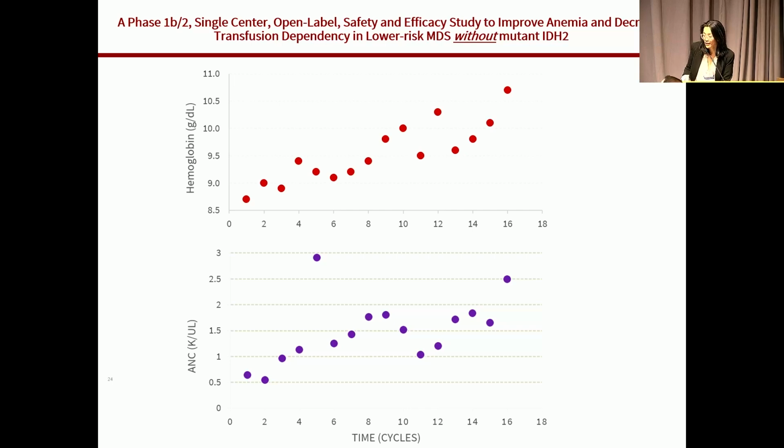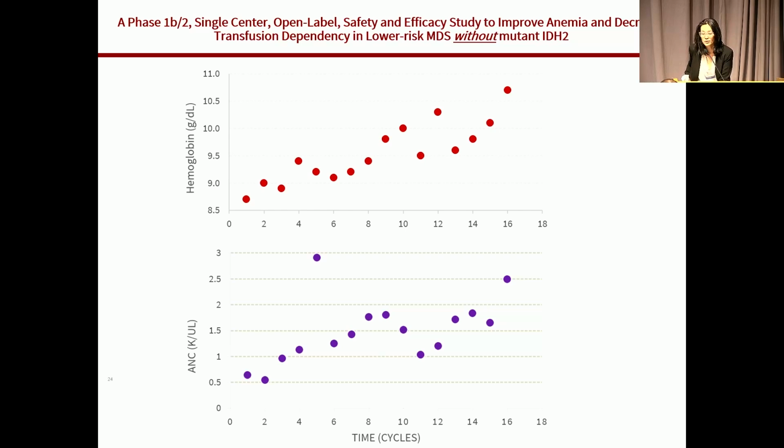And you can see that, interestingly, although this was hard to interpret in the AML trial, of course, because that is your cancer cell of origin where the blasts became neutrophils as part of the differentiation, this particular patient's neutrophils also increased in a similar pattern and kinetic along with the hemoglobin. I'm not showing the platelet data here because he had very mild grade 1-2 thrombocytopenia at baseline, but we saw a similar pattern.